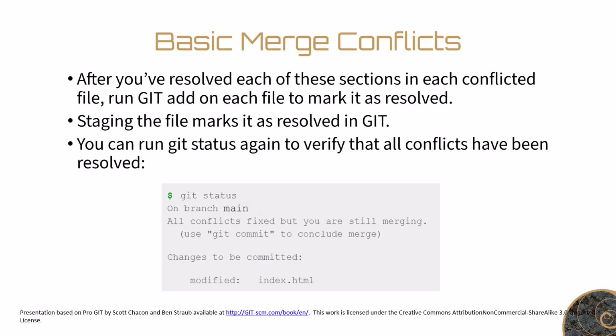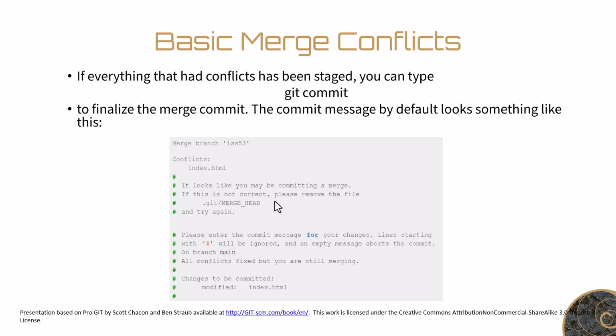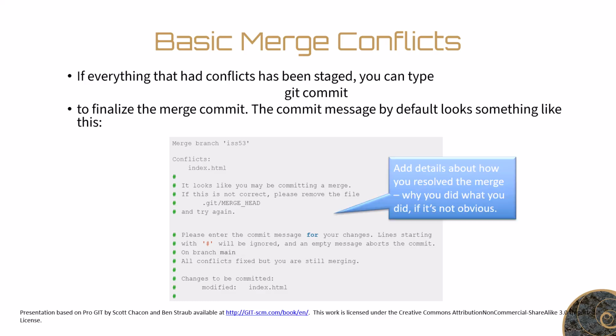And after you resolve each of these sections, you'll do a git add to stage the files, and then you'll do another commit to commit the change. And the final merge commit will look like this.